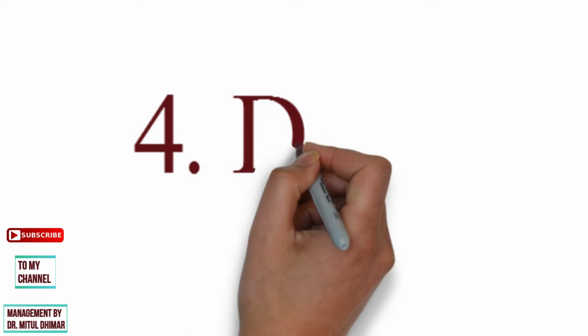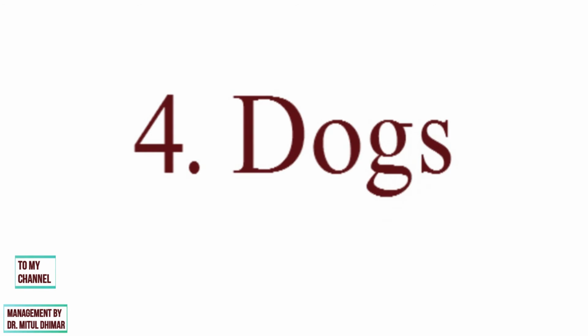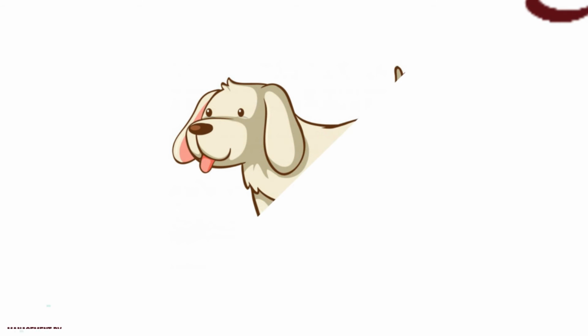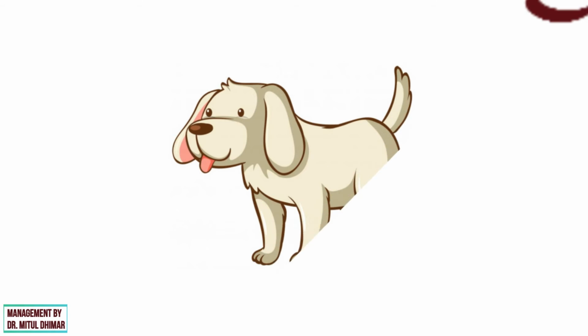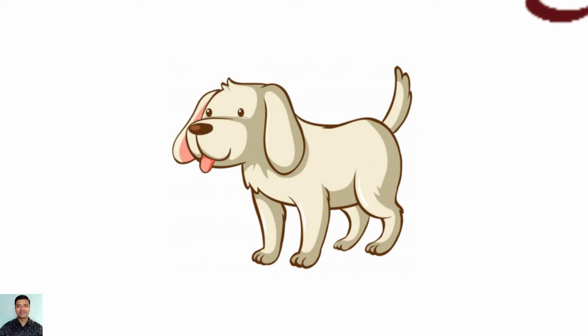Number 4. Dogs. The dogs in the BCG matrix are products at the end of the product life cycle, or products that had to compete against the competition. Margins are low, market share is low, and the market barely grows or even shrinks. The company will no longer invest in marketing.